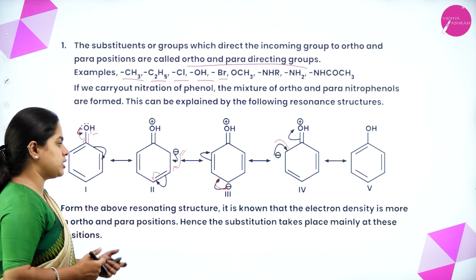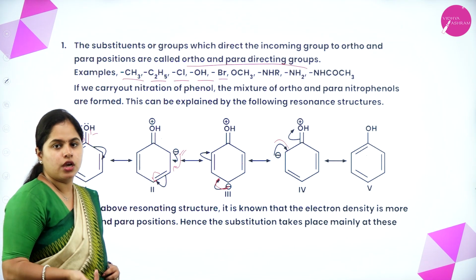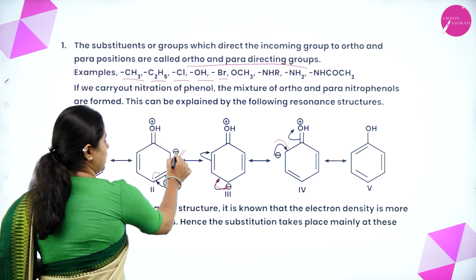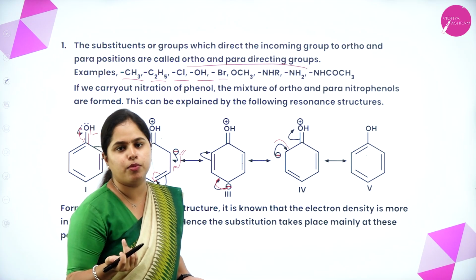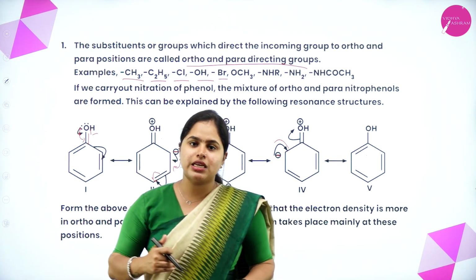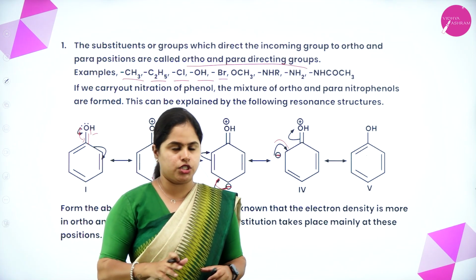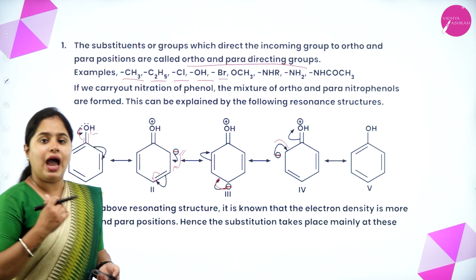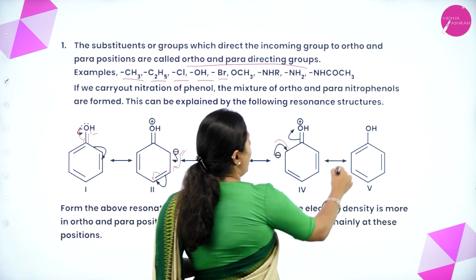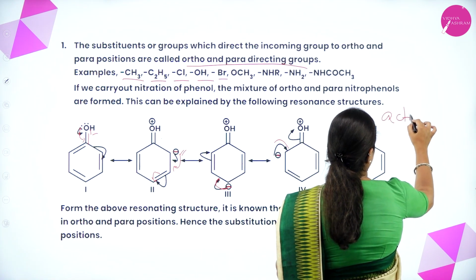Hence, substitution takes place mainly at these positions. It will be easily substituted in the ortho and para positions. So all these groups are examples of ortho-para directing groups, and they are also called activating groups.